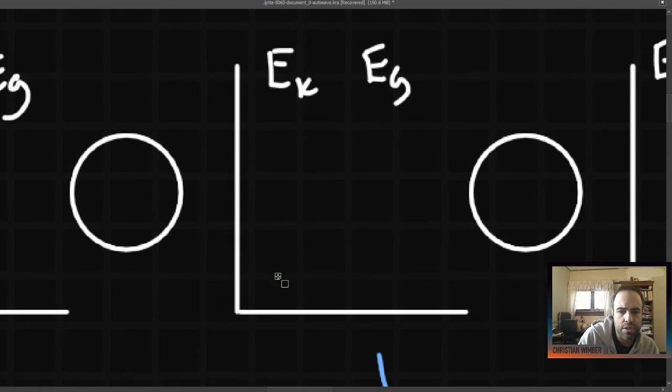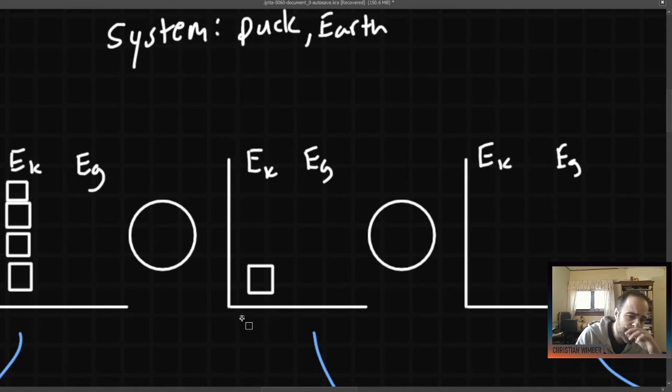So the energy stored kinetically isn't as big anymore. I'm actually going to drop it down to 1 box. I'd be fine if you dropped it down to 3 or 2 boxes. But we know that the energy stored kinetically has dropped. Why? Because that energy that used to be stored kinetically is now stored gravitationally. So all the missing boxes are now over here.